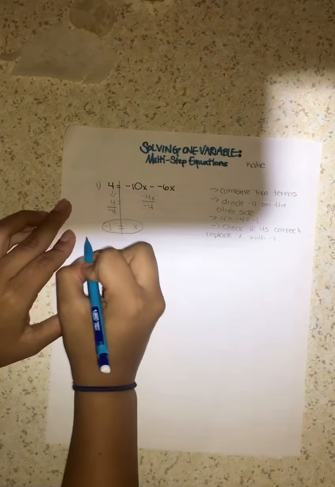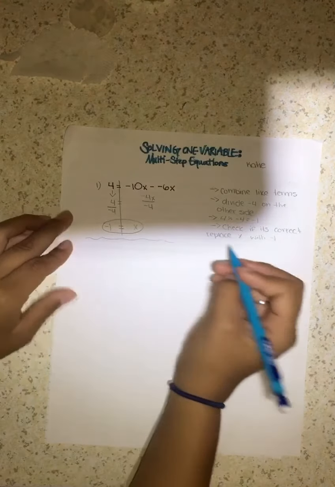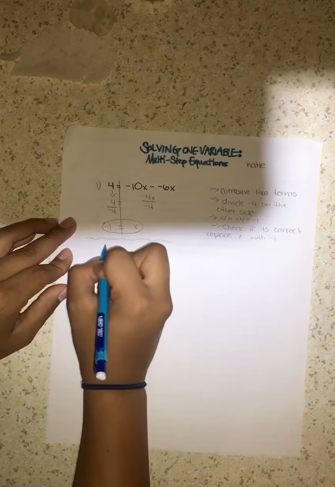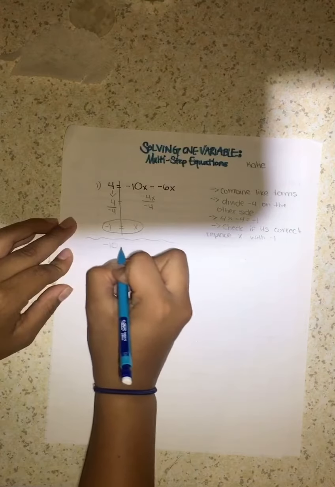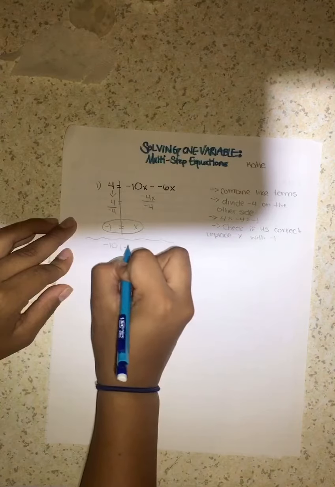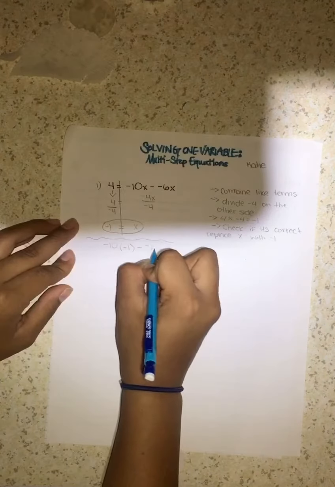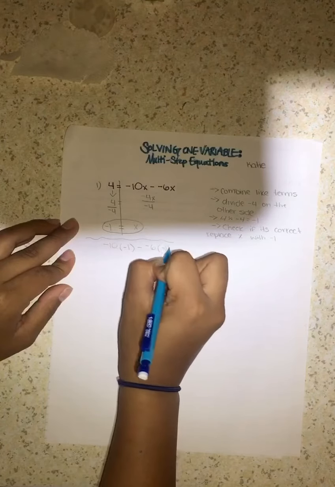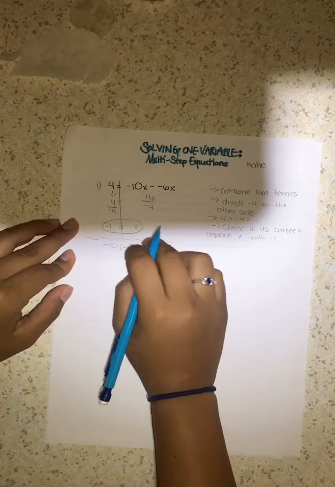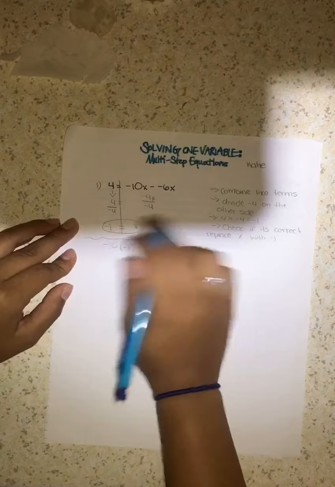So down here, just to check ourselves, we are going to do negative 10, then parentheses, negative 1, minus negative 6, parentheses, negative 1, since we're replacing our x with our answer right here, which is negative 1.